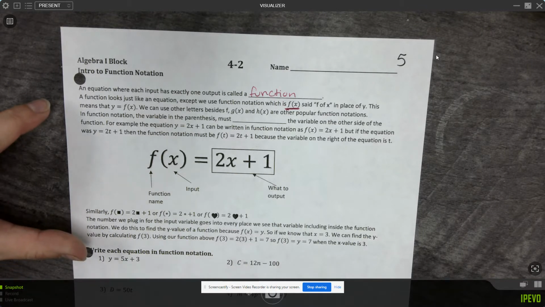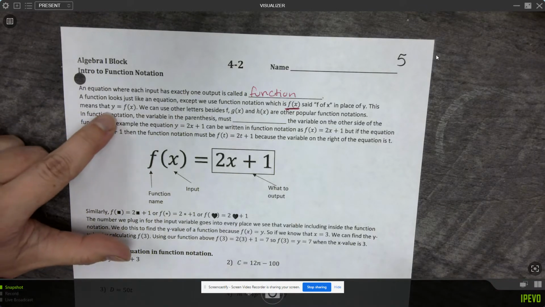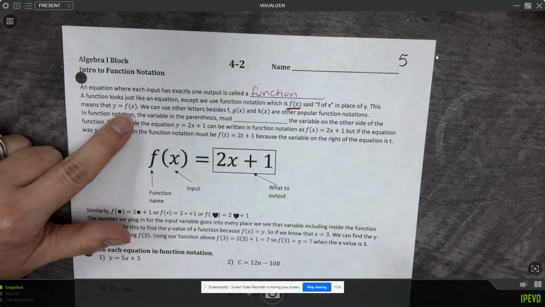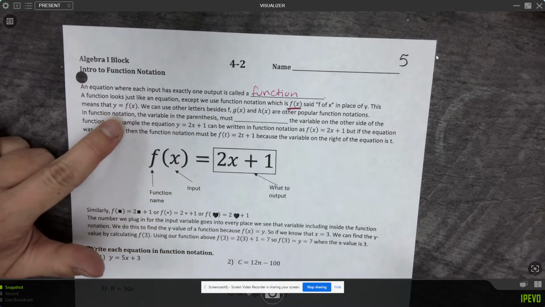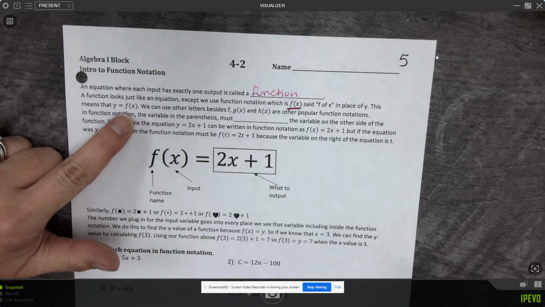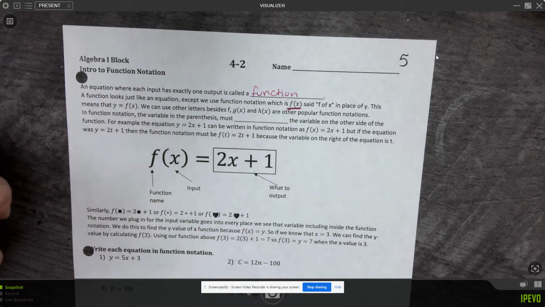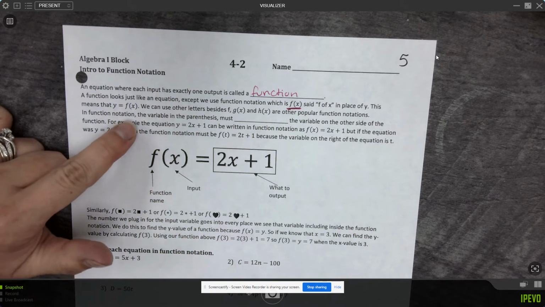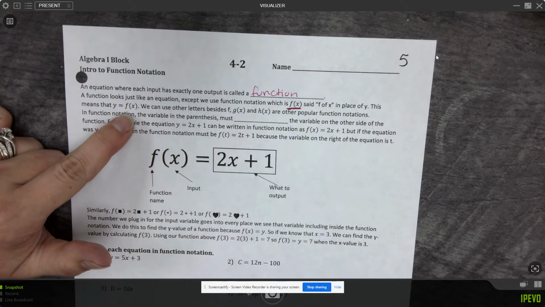So this means that the variable y and the variable f of x are the same thing. Okay, so anytime you have an f of x, it is the y variable. So when you think about your coordinate plane and how your coordinate plane has an x and a y axis, y is the same as your f of x.